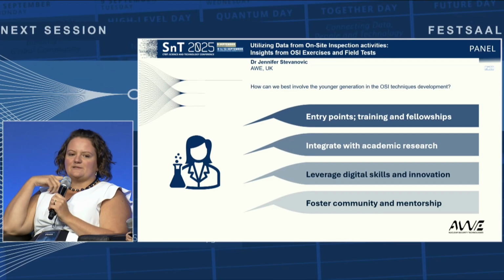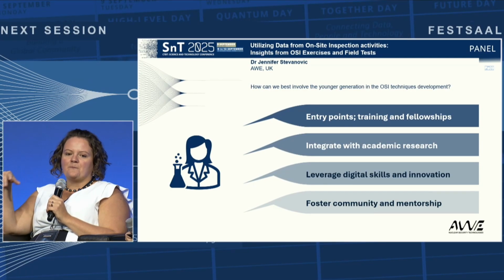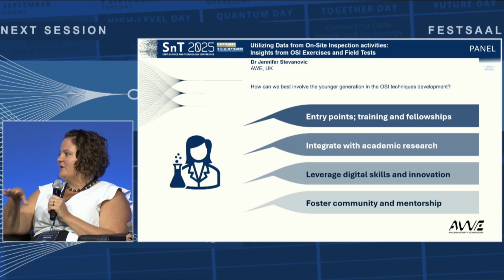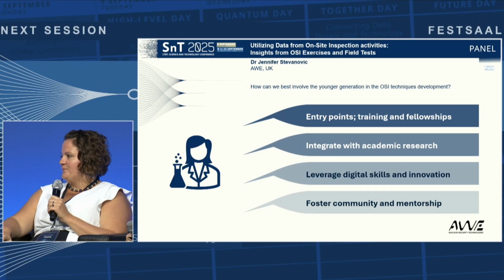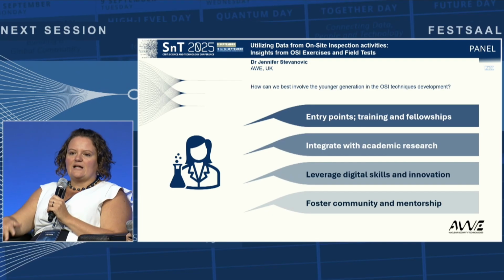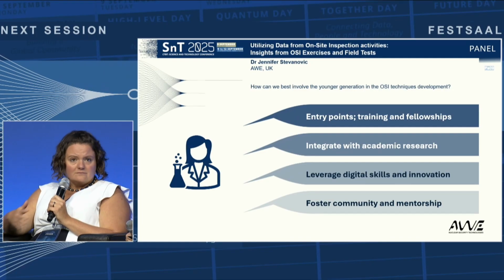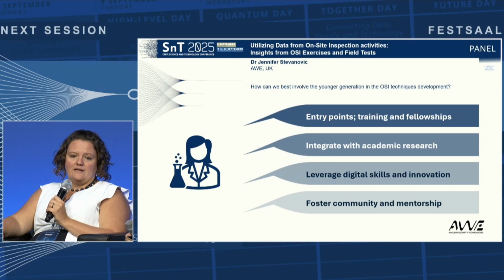Coming back to my slide points, we are looking at different entry points for early careers and youth professionals, looking at training and fellowships. I know there's a really lovely outreach program, a mentoring program, now. Things like that we should build on and do more.